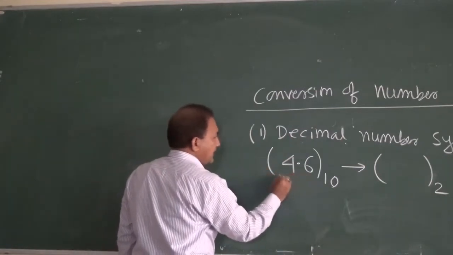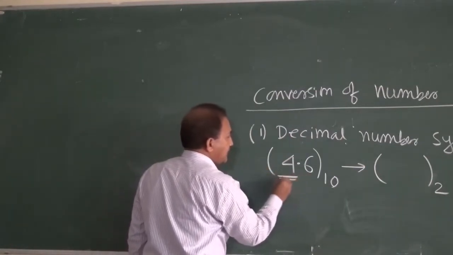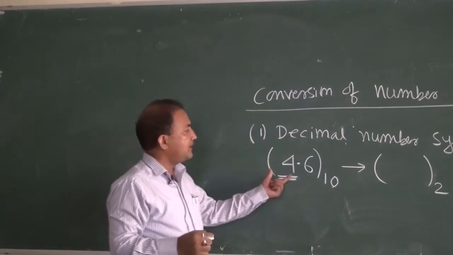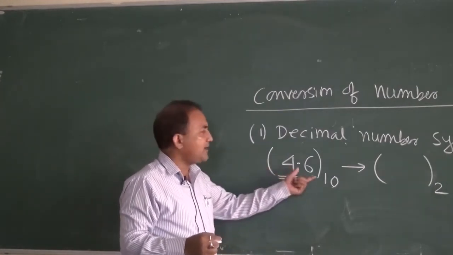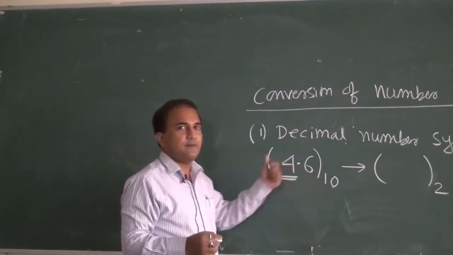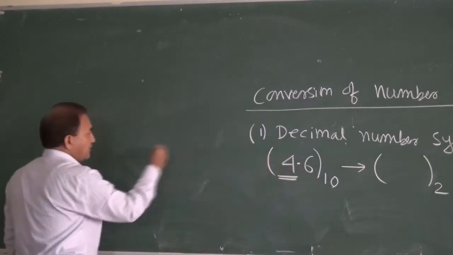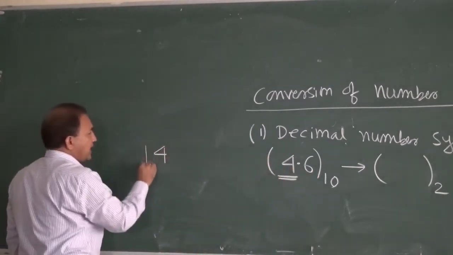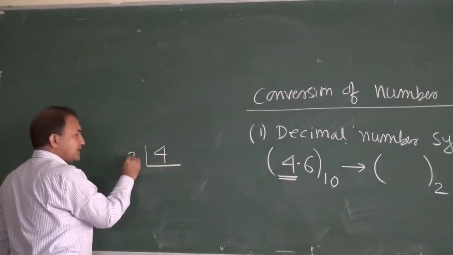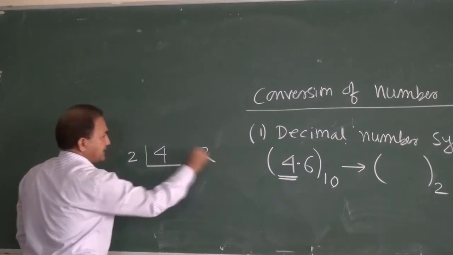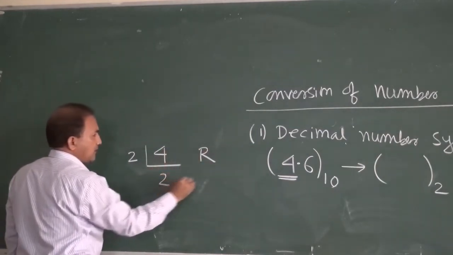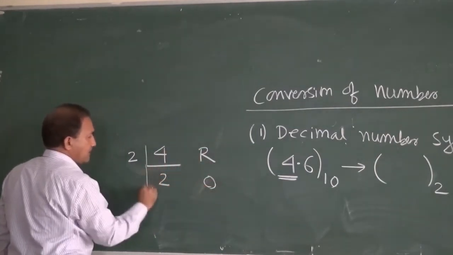First of all, you have to see the integral part, then you have to see the fractional part. So for 4, you have to divide 4 by the base 2 and you have to see the remainder. 4 divided by 2 is 2, remainder is 0.